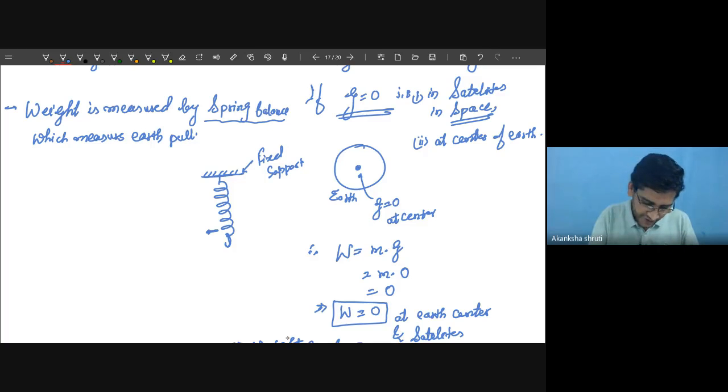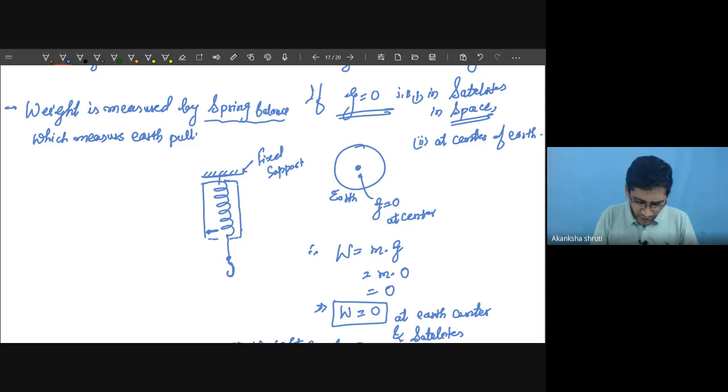So this is the pointer. Under this normal condition, the spring is packed like this. I shall take the hook a bit bigger so that you can understand. Here the hook is connected. Under normal condition, you are observing the spring is up to this much. So this is the packing or outer box of this spring balance.